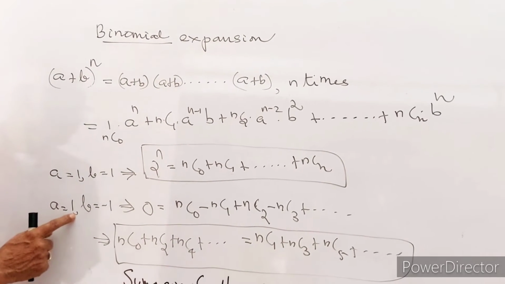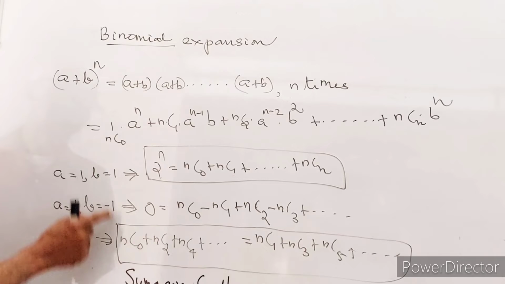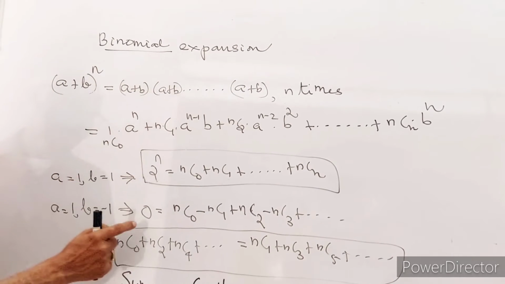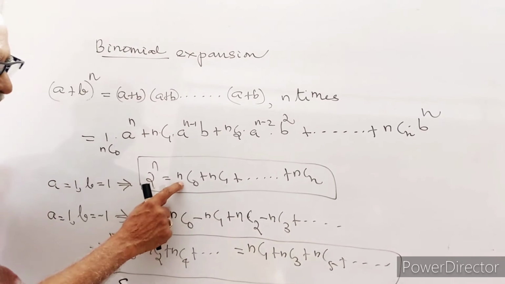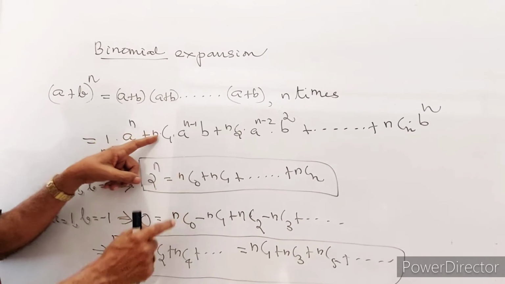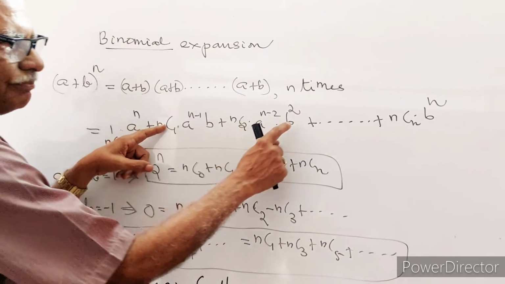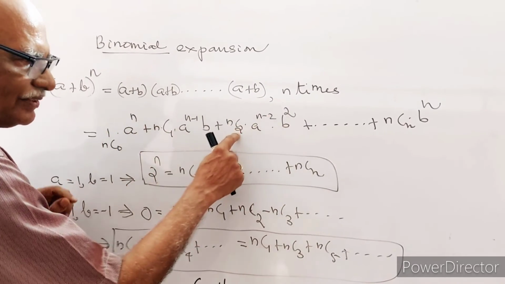Now if you put a equals 1 and b equals minus 1, 1 plus minus 1 is 0. So 0 raised to n is 0, giving you nC0, then minus nC1, then this is minus 1 the whole squared, so it is plus nC2.